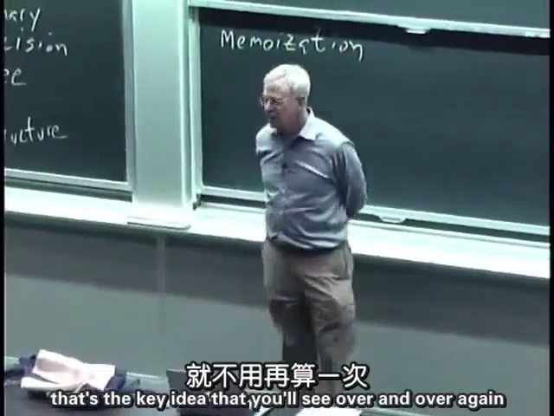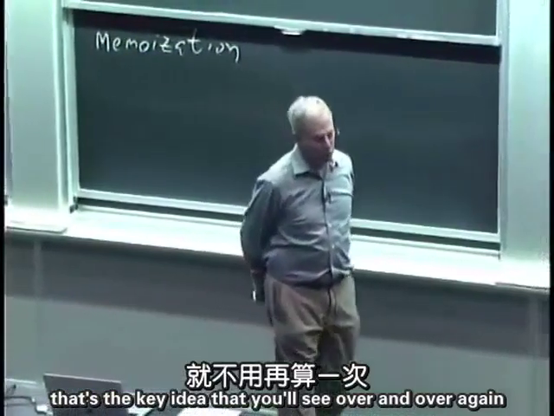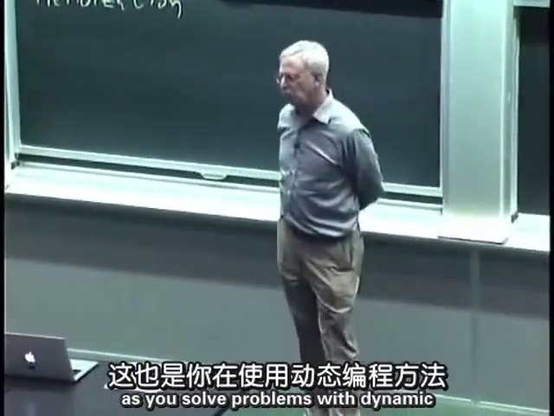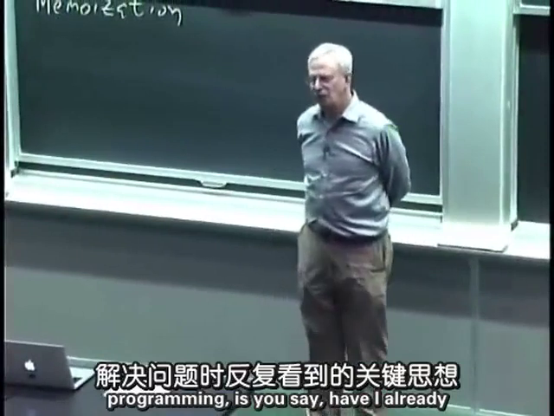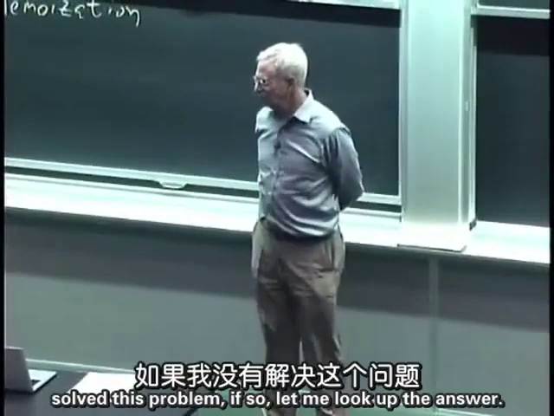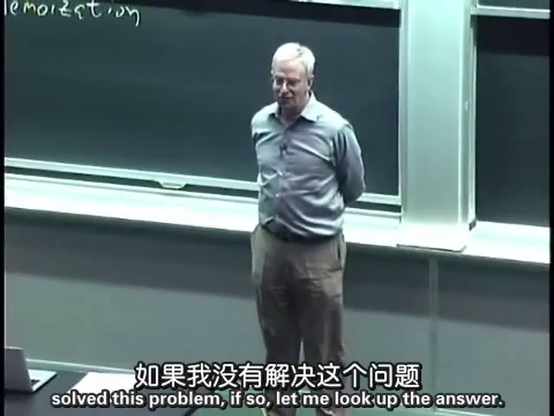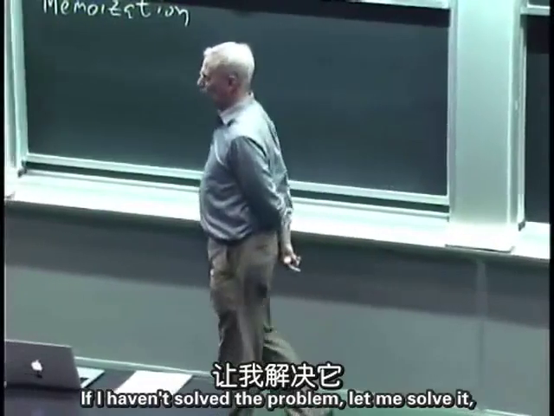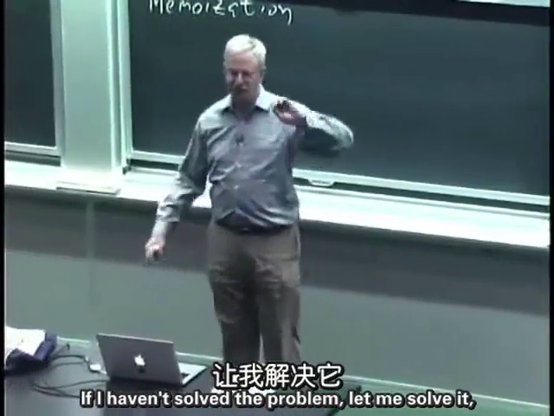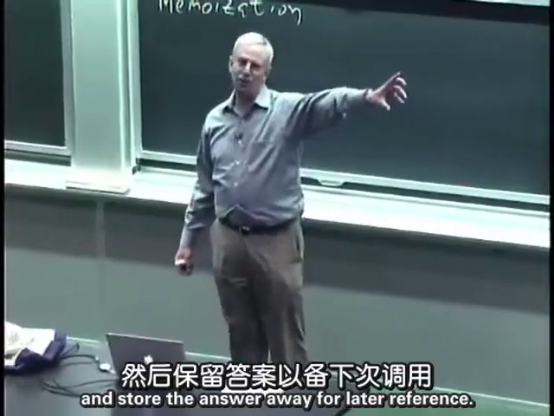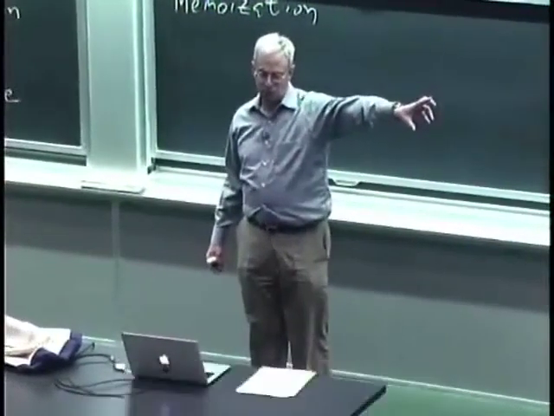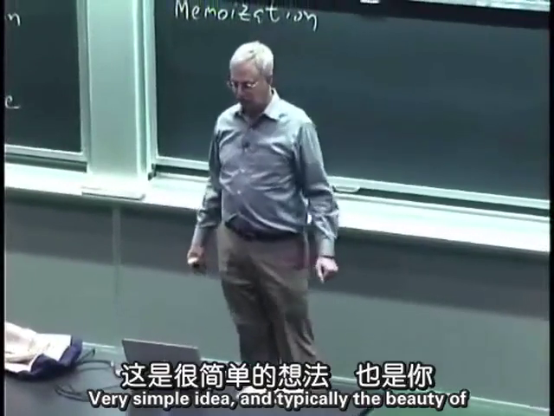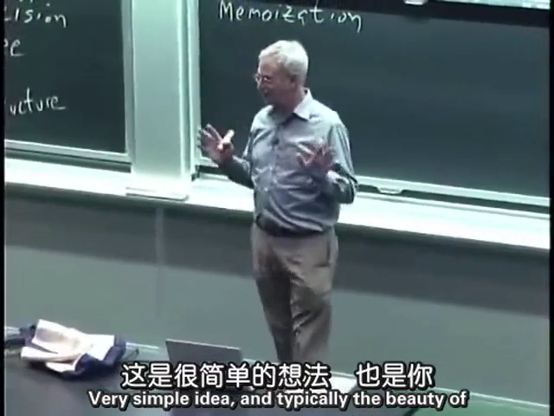And that's the key idea that you'll see over and over again as you solve problems with dynamic programming, is you say, have I already solved this problem? If so, let me look up the answer. If I haven't solved the problem, let me solve it and store the answer away for later reference. Very simple idea.